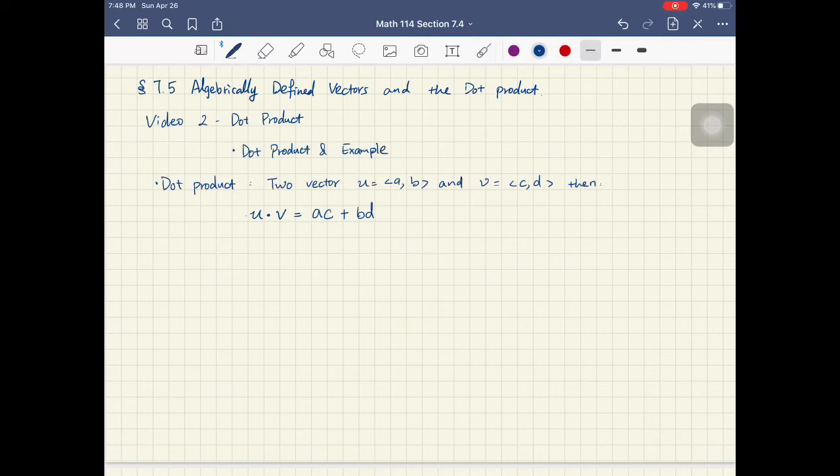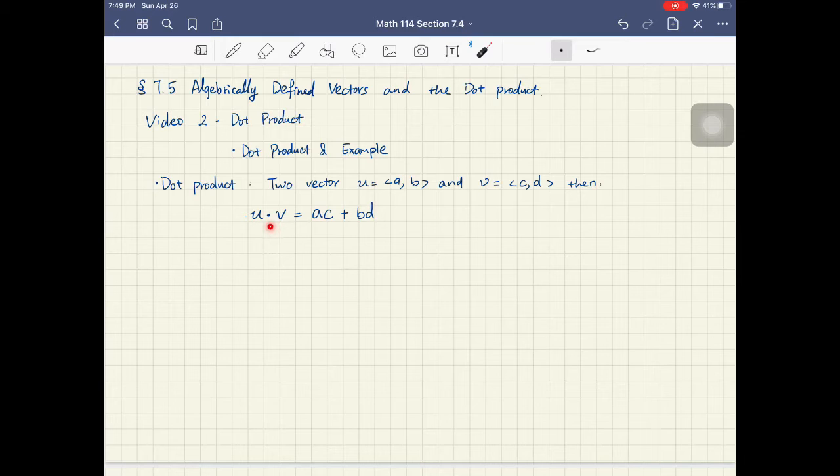A dot product is another multiplication method. Here we're going to multiply two vectors. If u is the vector a comma b, and v is the second vector c comma d, then we have the dot product u dot v. It's not just multiplication, because we have so many different multiplications in the vector setting, so we cannot really say u times v.